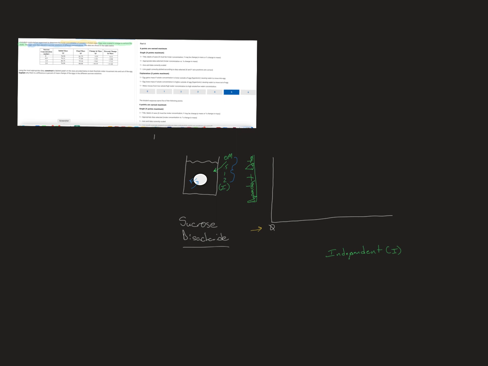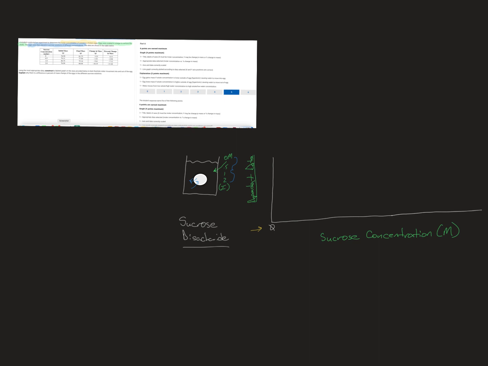The thing that goes there is the sucrose concentration, in molar sucrose concentration. You don't have to write independent here. I'm just writing it for a moment, using this as an opportunity to discuss this. So I'm going to erase that. So there should be no doubt. The axes should be labeled sucrose concentration.